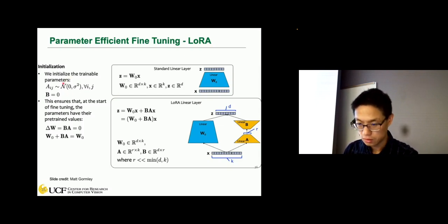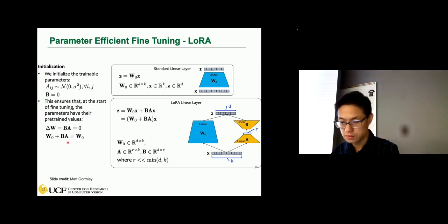In their original paper, they initialize matrix A with a Gaussian distribution, zero mean and unit variance, and they simply set the B matrix to 0. So the initial delta W is basically 0. Then using backpropagation to train on the loss, hopefully we are able to learn some meaningful adjustment in these two matrices, A and B.